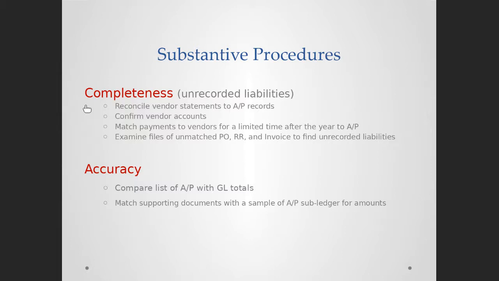So what do we do? Reconcile vendor statements to accounts payable records. Vendor statements are documents that come from the supplier that show how much inventory the client purchased from the supplier in the previous month and how much of those were paid. So if there were any unpaid purchases, that would equal the accounts payable in your client's records.